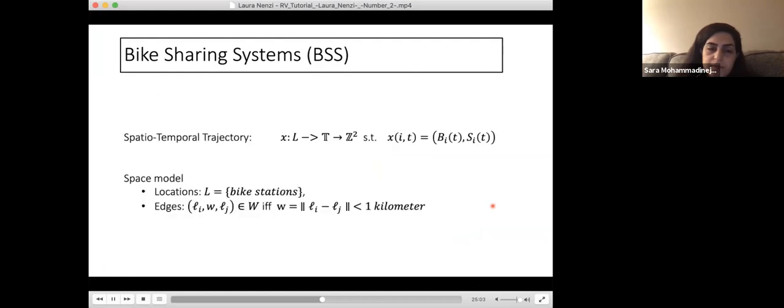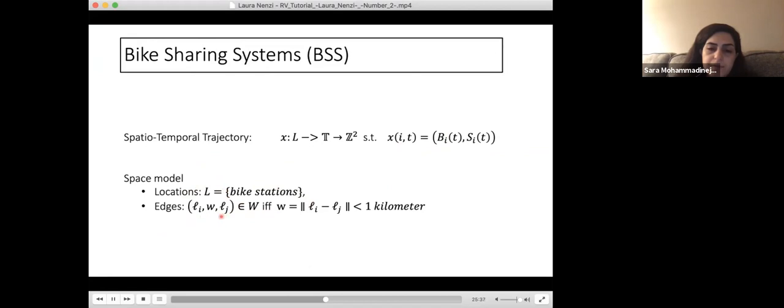The spatio-temporal trajectory corresponds to the evolution in time of the number of bikes and free slots in each bike station. And the space model corresponds to this: we have as locations the bike stations, so the set of locations L is the set of bike stations, and the edges describe the connections between stations.